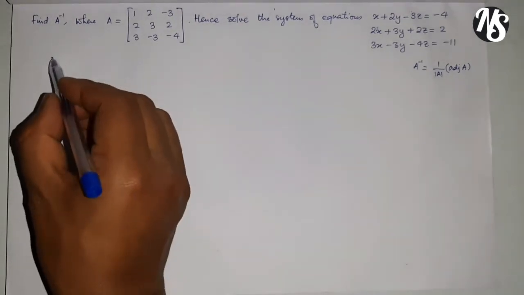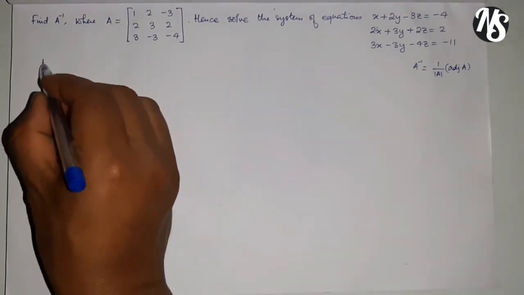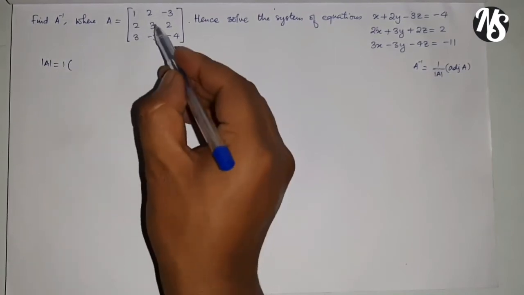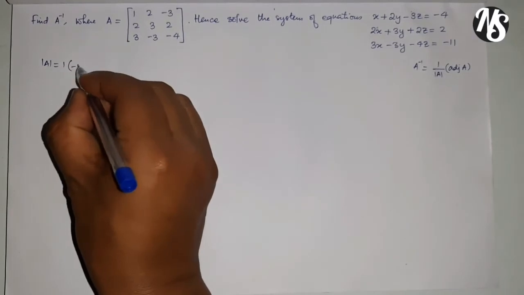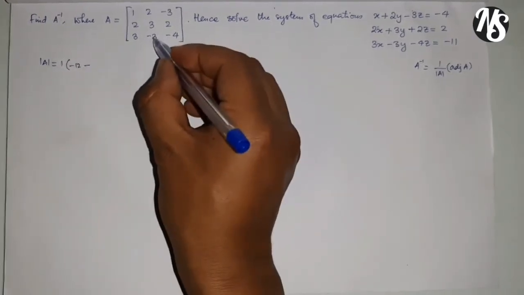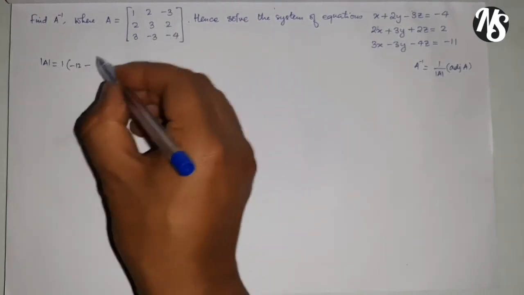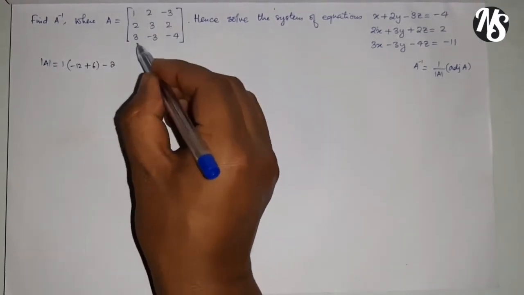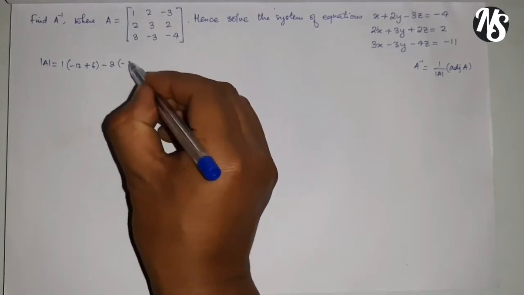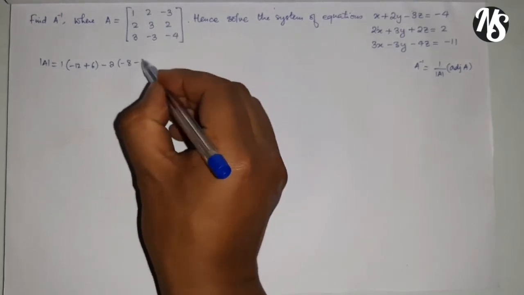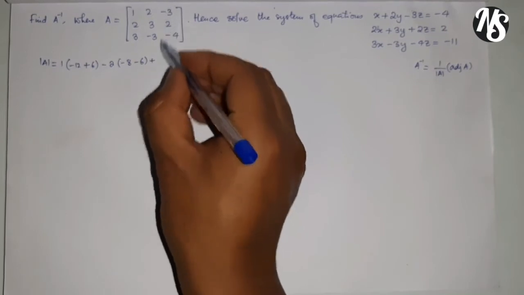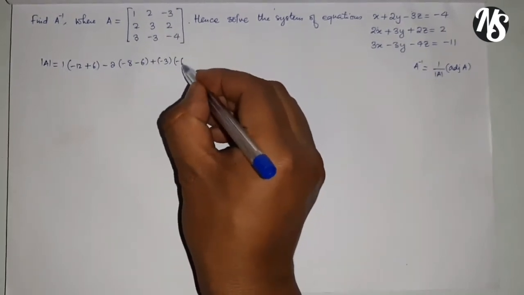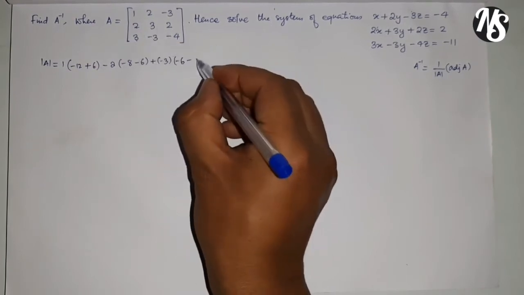First let's find the determinant of A. It will be 1 into 3 into minus 4 minus 12, minus 3 into 2 is minus 6, so it becomes plus 6, minus 2 into 3 into minus 2 is minus 8, minus 3 into 2 is 6, plus we have minus 3 into 2 into minus 3 is minus 6, minus 3 into 3 is 9.